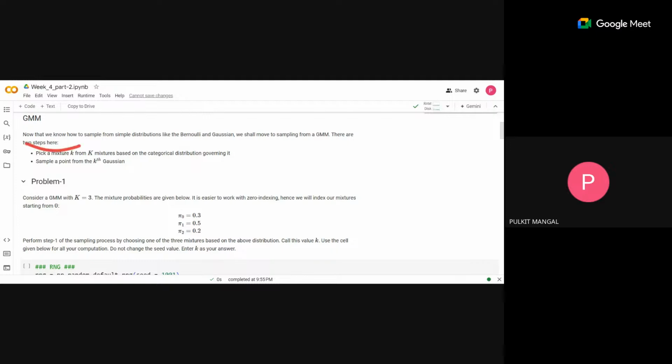GMM has two steps. First, we pick the mixture k based on the distribution governing it, that means the probability. Based on that we choose the mixture, and then we sample the point from that kth Gaussian, the selected mixture.